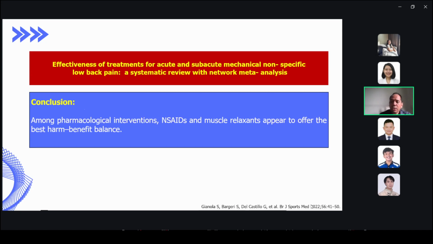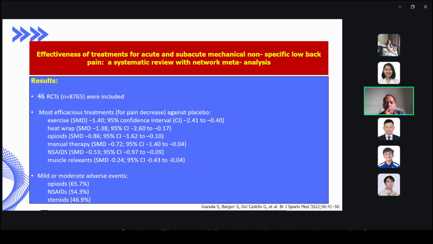And based on the conclusion that among pharmacological intervention, NSAIDs and muscle relaxants appear to offer the best harm-benefit balance. So look at yung SMD is the standard mean difference kung ano yung mga pag-decrease ng pain. Okay? So sa NSAID and muscle relaxant, mga nasa 0.24 to 0.53, no?